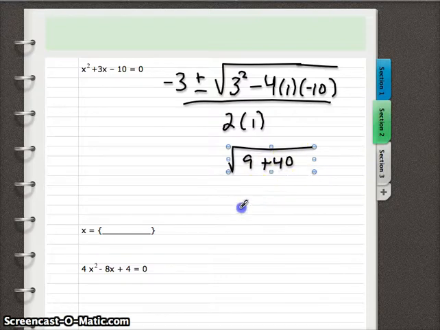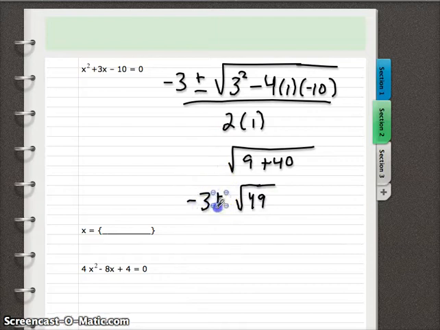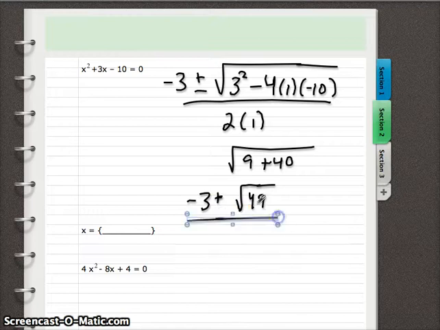We get square root of 49. Well, that's a nice square that we can take the square root of. We still got our -3 out in front. Still haven't talked about what plus and minus means. And we're going to be dividing by 2 times 1, which is just 2.